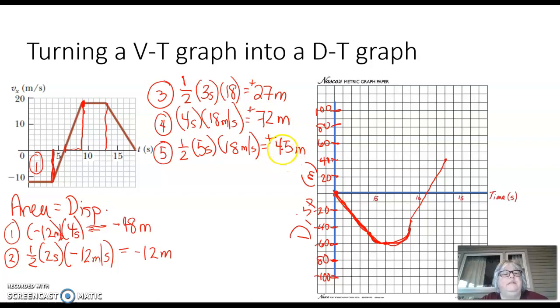But again, I'm going to be slowing down, so I should have a curved line again. Okay, so I'm going to be starting fast and getting slow. So I'm going to go up 45 over the course of 5 seconds. 2, 3, 4, 5. 1, 2, 3, 4 and a half. Like so. Okay, if you have any questions, please send me an email.